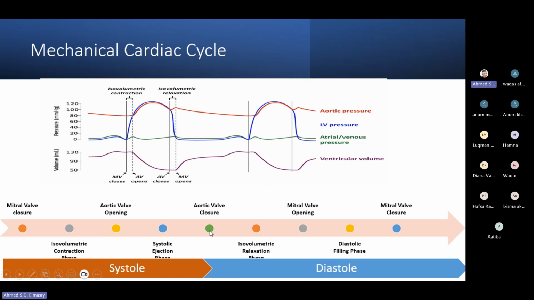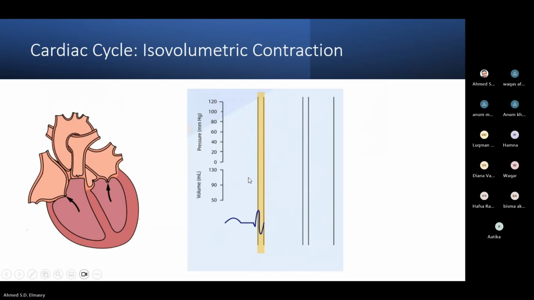After that, the aortic valve closure will lead to initiation of the isovolumetric relaxation phase of the diastole, which is a very short phase. After that, the mitral valve will start opening, which will lead to filling of the ventricle with the blood in the phase which is called the diastolic filling phase. And later on, the mitral valve will start closure to start a new cycle.